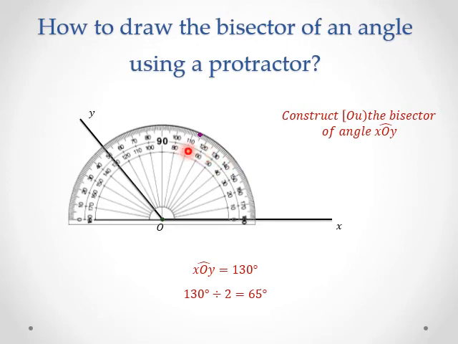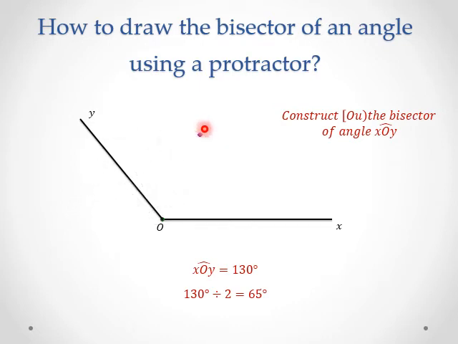It's between 60 and 70 here. So I plot a point here and then I remove my protractor and draw the semiline OU. Now I can say that XOU equals UOY equals 65 degrees.